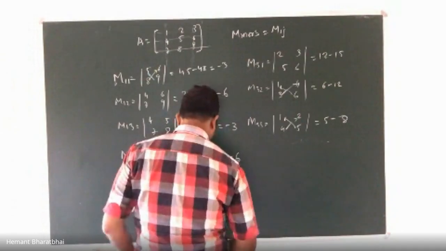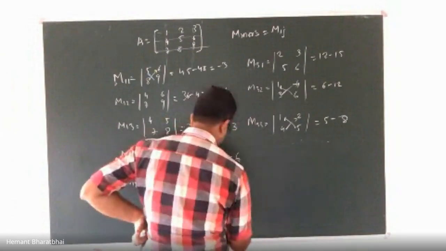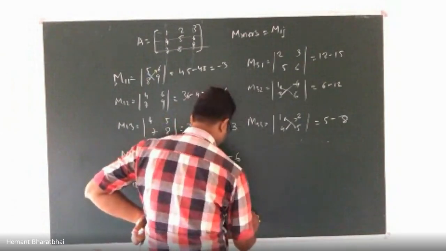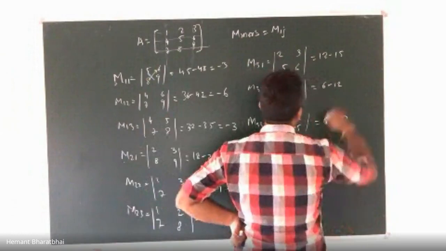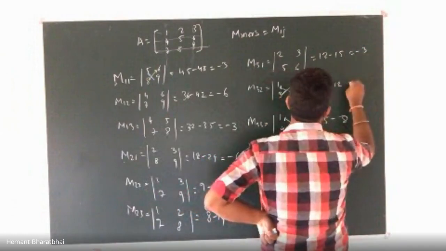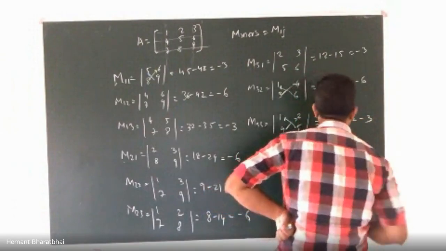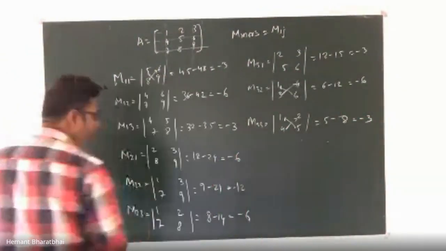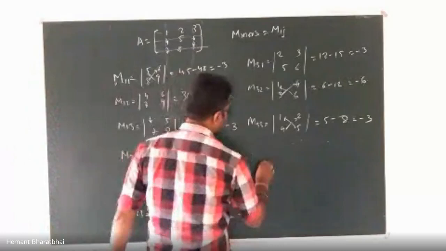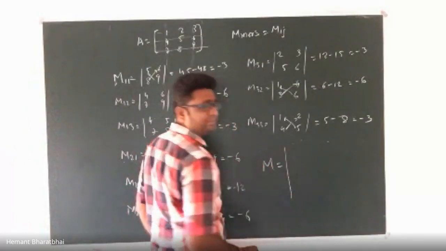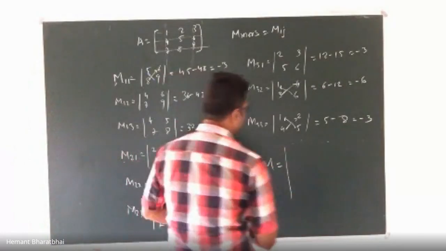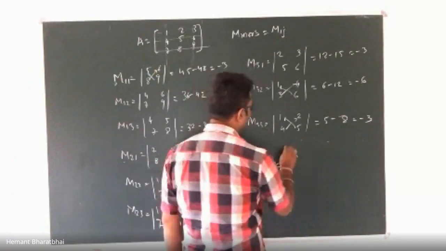Minus 12, this will be minus 6, then this will be minus 3, minus 6, minus 3. So if I write the minor matrix, I will denote it by m. So this will be nothing but my m1, m1, 2, m2, 3.